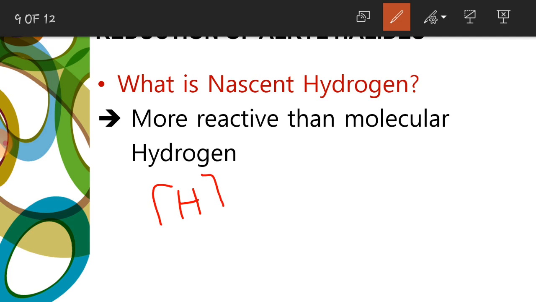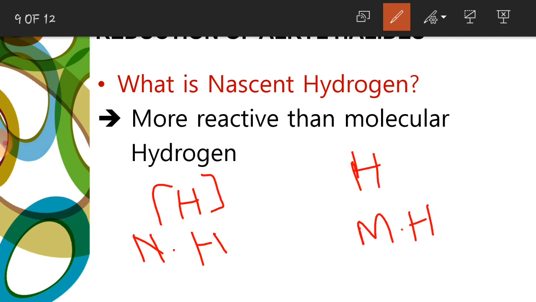Nascent hydrogen is represented like this, and the molecular hydrogen is represented like this. Here, why is it called nascent hydrogen? This is an atomic hydrogen that is newly born in a chemical reaction.